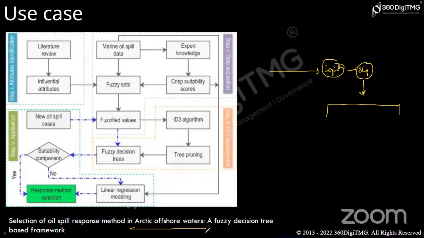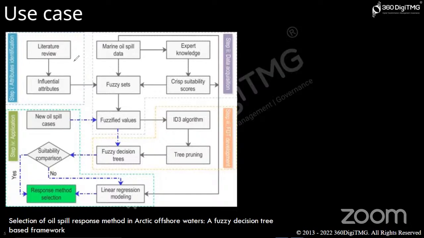Here we are going to take the data and try to find out, if we do the decision tree, what the processing will be. So we are going to take the marine oil spill data, and from there we will look into the fuzzy sets.